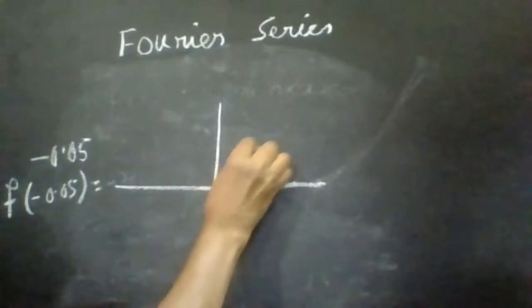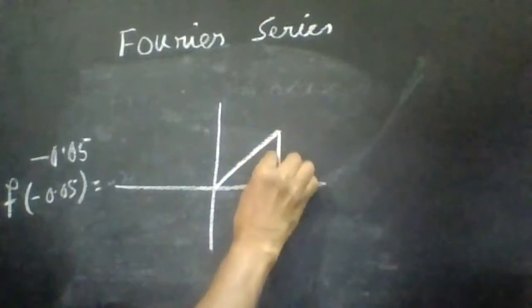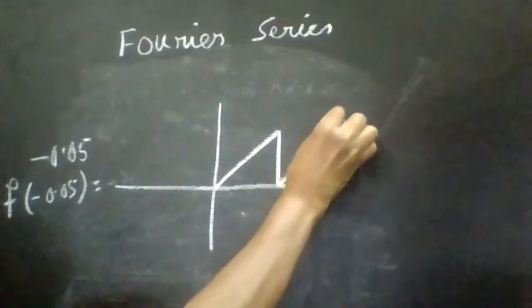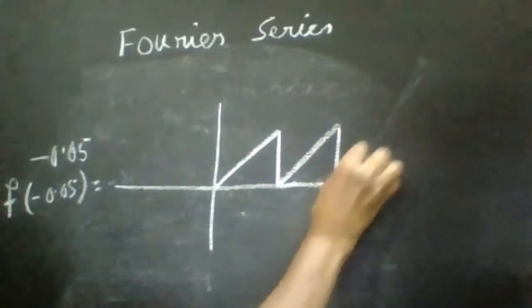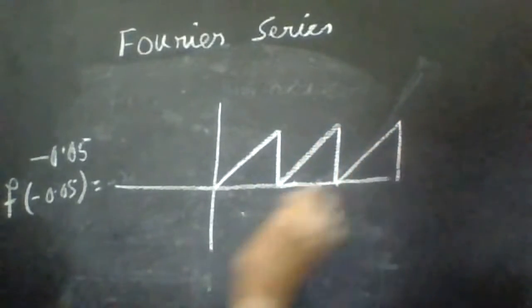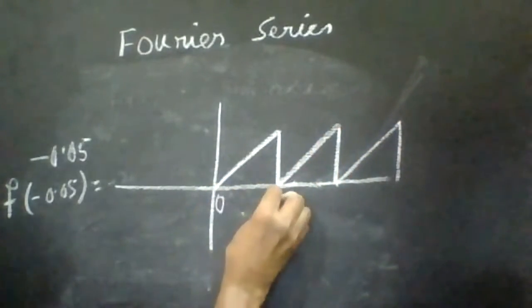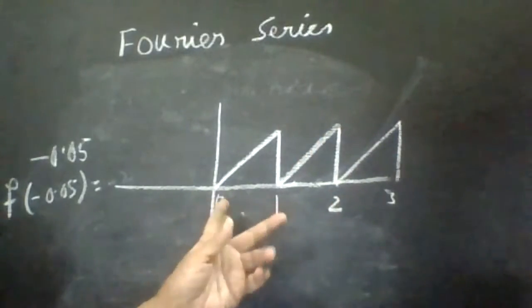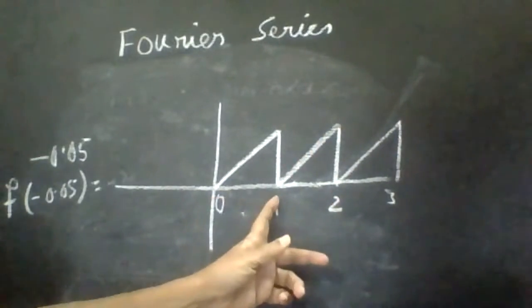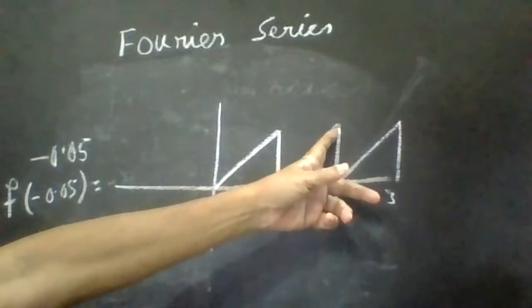I am giving you the example of sawtooth here. This is the sawtooth. Let this be 1, 0, it is 1, it is 2, it is 3. So you can see that when x moves from 0 to 1, the function again starts.